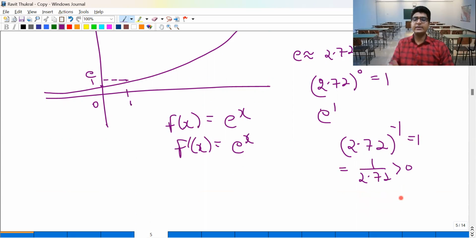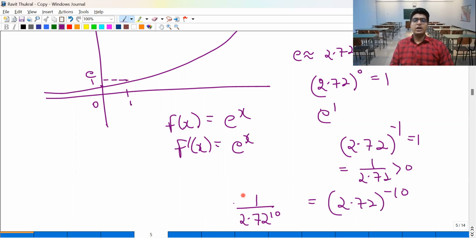If I take 2.72 to the power minus 10, it will be equal to 1 upon 2.72 to the power 10. So basically it will become smaller and smaller, but it will always be positive.